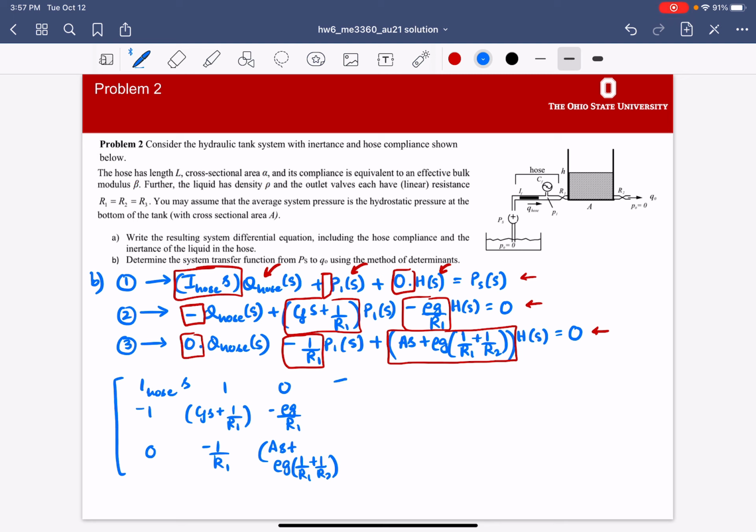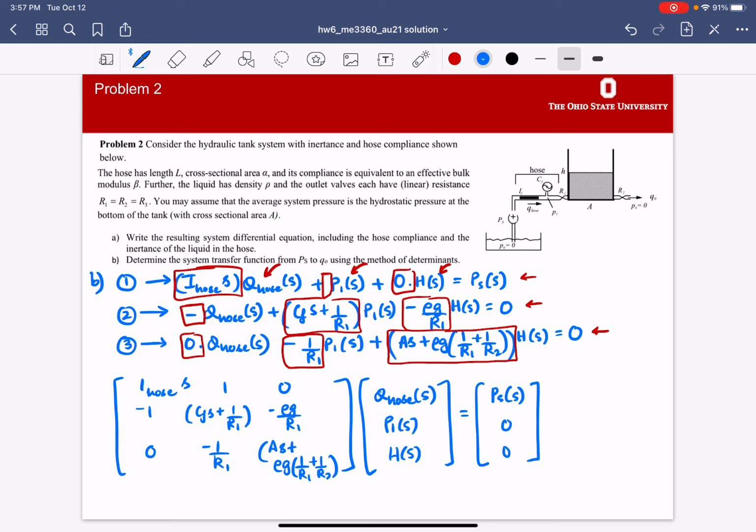So that's our matrix form of our expression. Yes, 0, 0. And now we have to evaluate the transfer function of PS to Q naught.